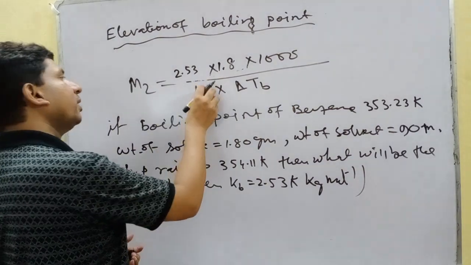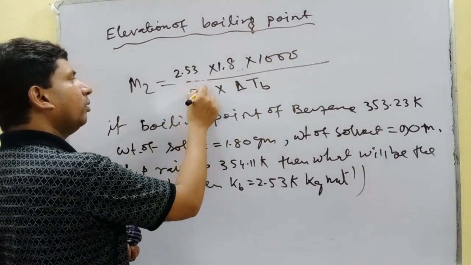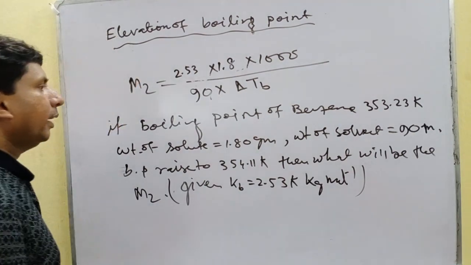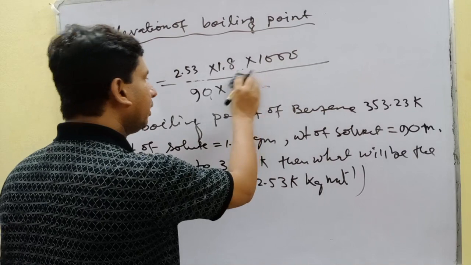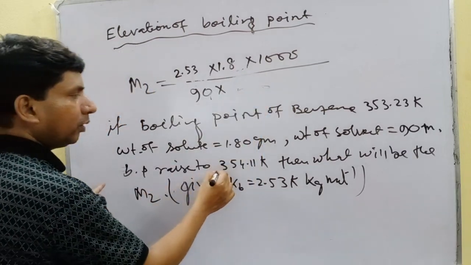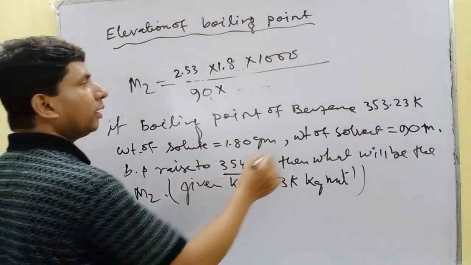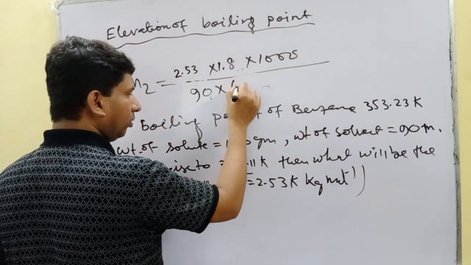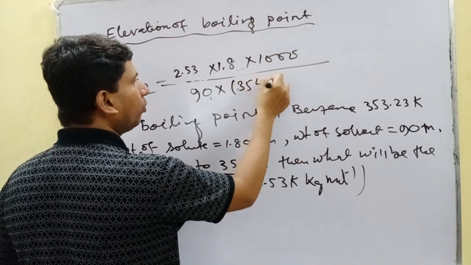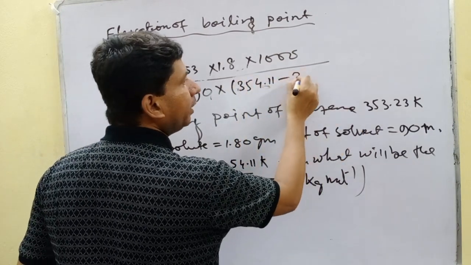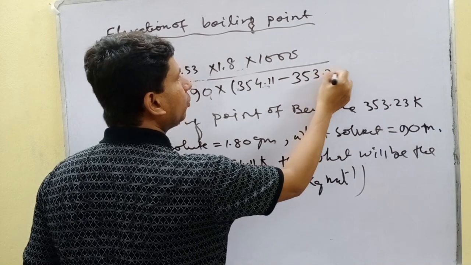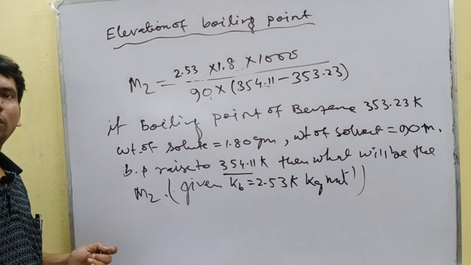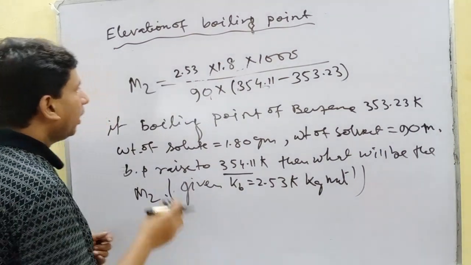W1 is just 90 gram, the weight of solvent, and delta Tb: the final temperature was this and the initial temperature was that, so delta Tb equals 354.11 minus 353.23.